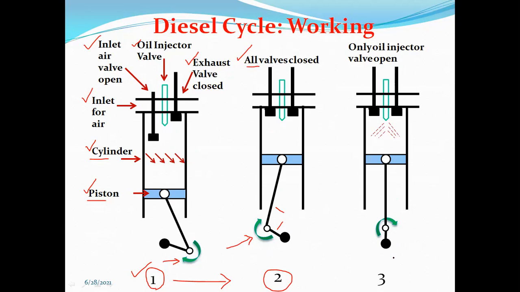After that, observe the position of the connecting rod, crankshaft, etc., and the piston in the third stage, which follows the second stage. In the third stage, only the oil injector valve is open. In this diagram, the oil injector valve is spraying oil inside the chamber. Also observe the position of the piston in the second and third stages.